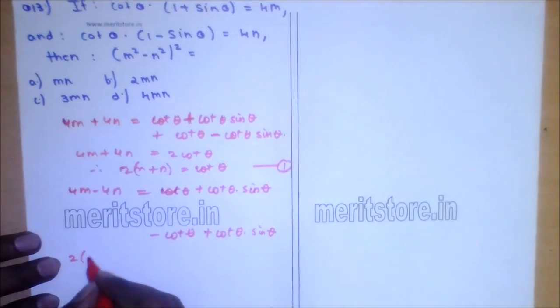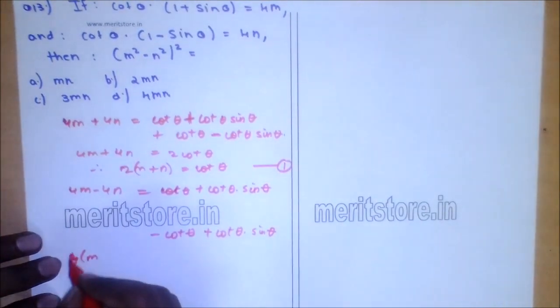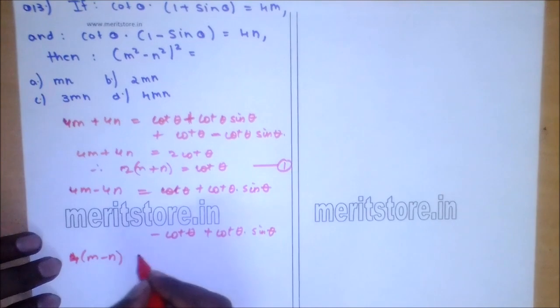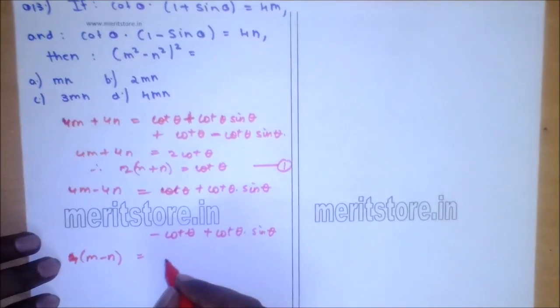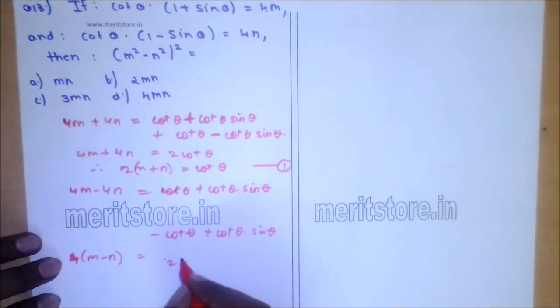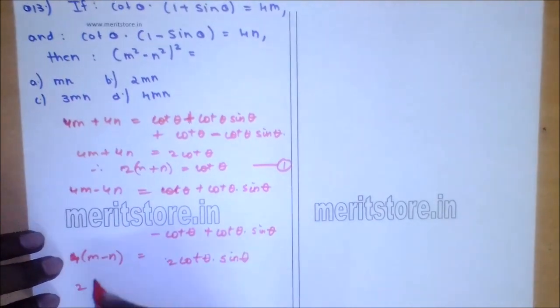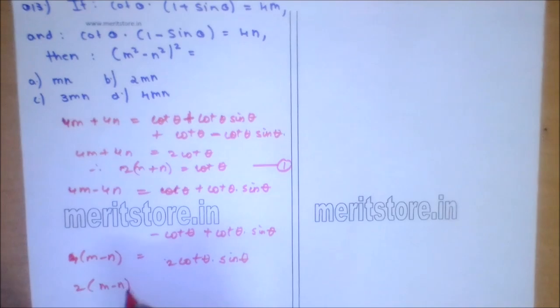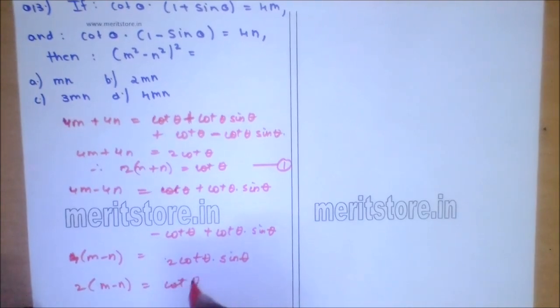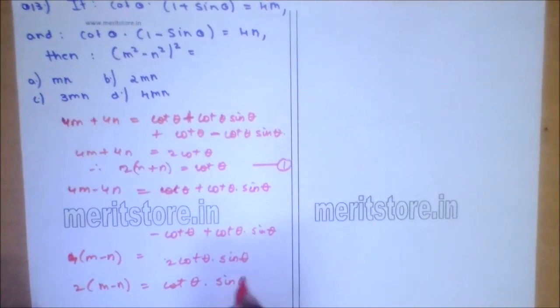So that is 2 into 4 into (m − n) is 2 cot θ sin θ. That is 2 into (m − n) is cot θ sin θ. Let this be equation 2.